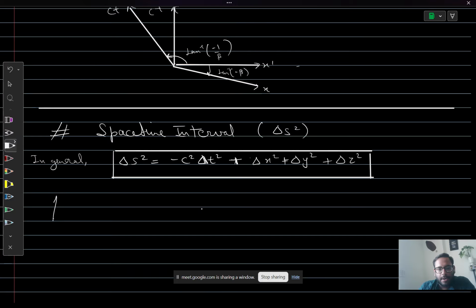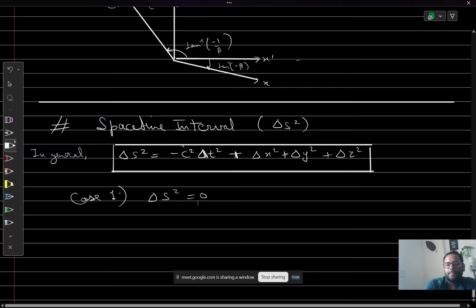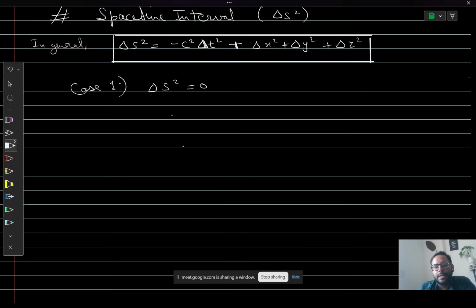Now see, for light, what will happen? Or say, not for light, we will consider general cases. Case 1 is when delta s squared is 0. This will imply delta t squared times c squared equals delta x squared plus delta y squared plus delta z squared.